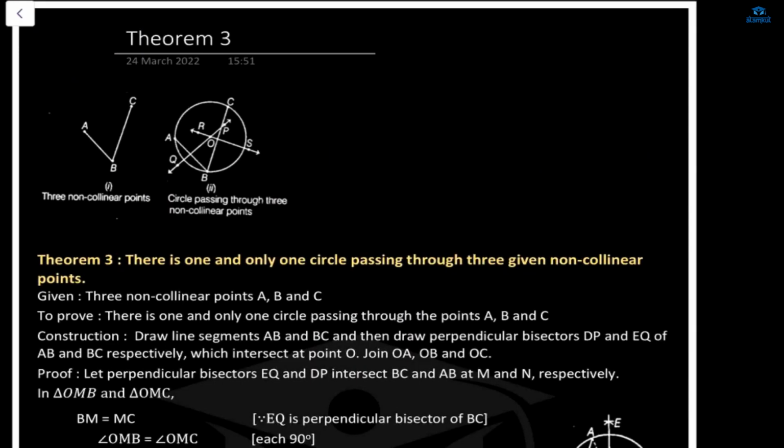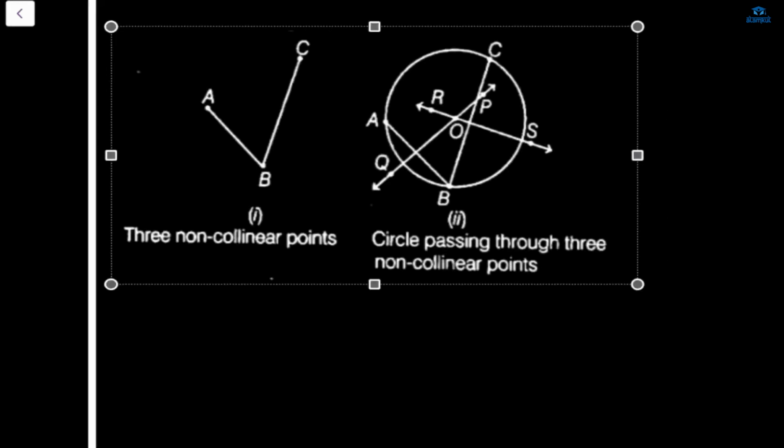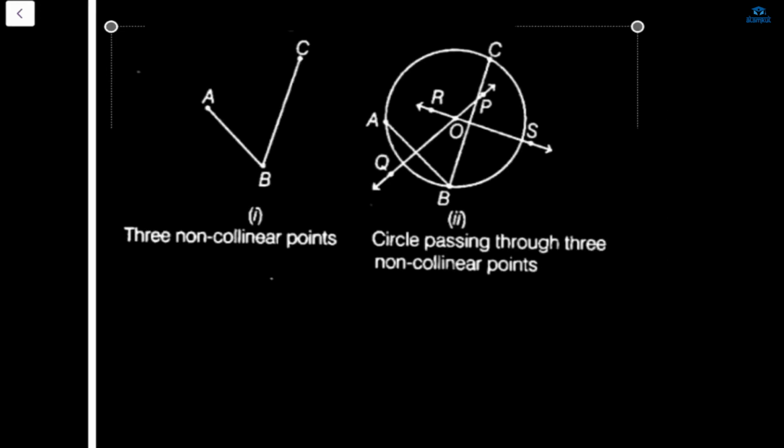See, these are the three non-collinear points A, B, C. For both the lines you are going to draw the perpendicular bisector. For AB, the perpendicular bisector is PQ, and for CB, the perpendicular bisector is RS, and they are meeting at this point O.